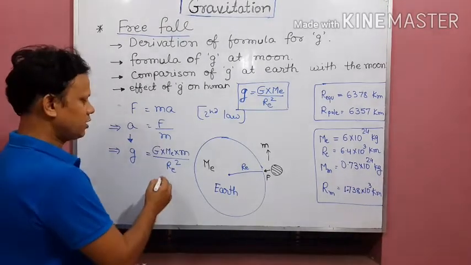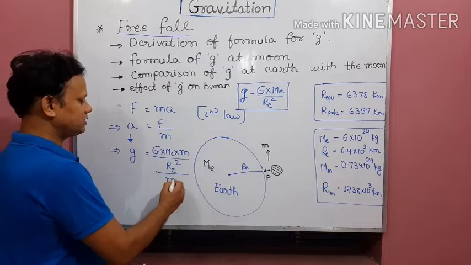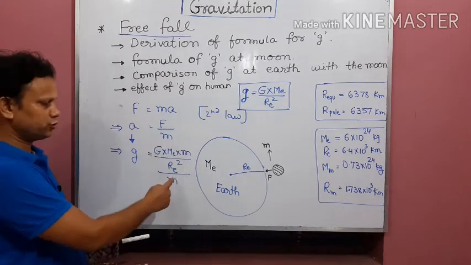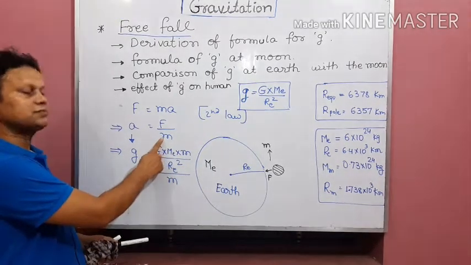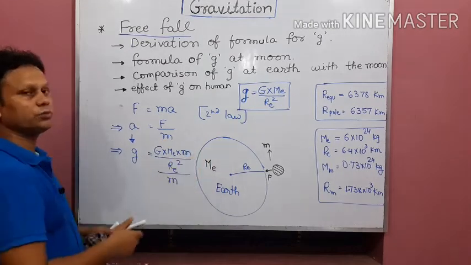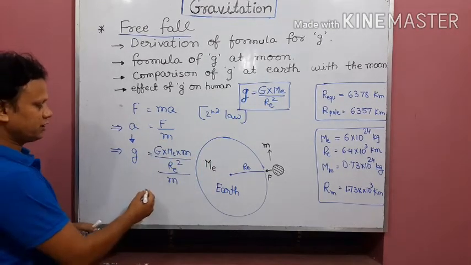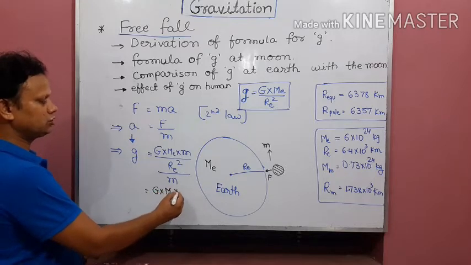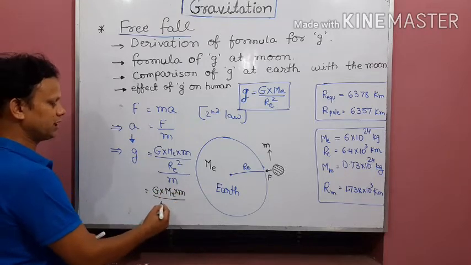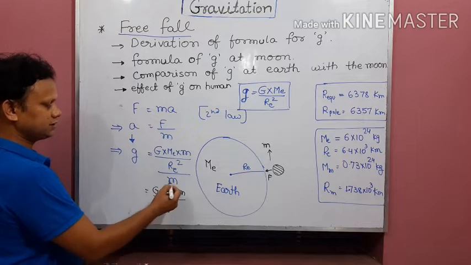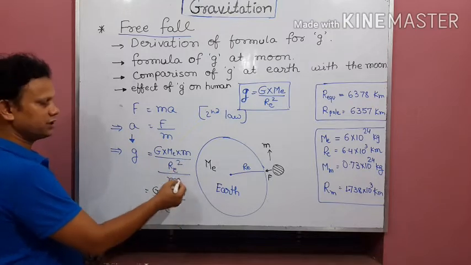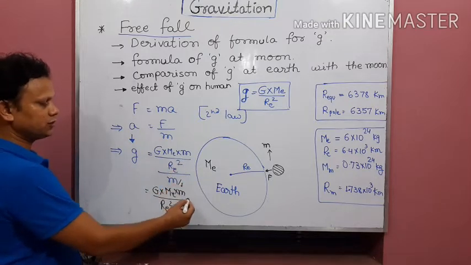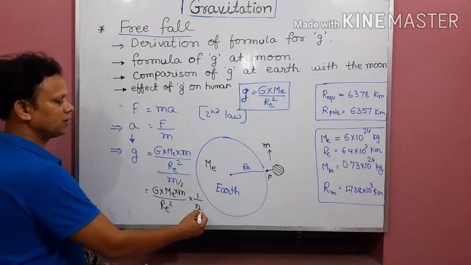Now dividing by mass m, the value of gravitational force by the mass of the falling object, what are we going to get? We get capital G into mass of the earth into the mass of the falling object divided by R_E squared, and since it is taken as numerator, 1 will be considered here, so it will reciprocate by 1 by m.